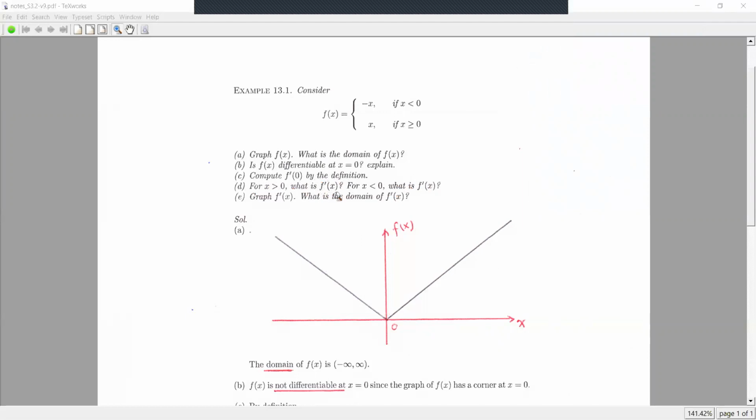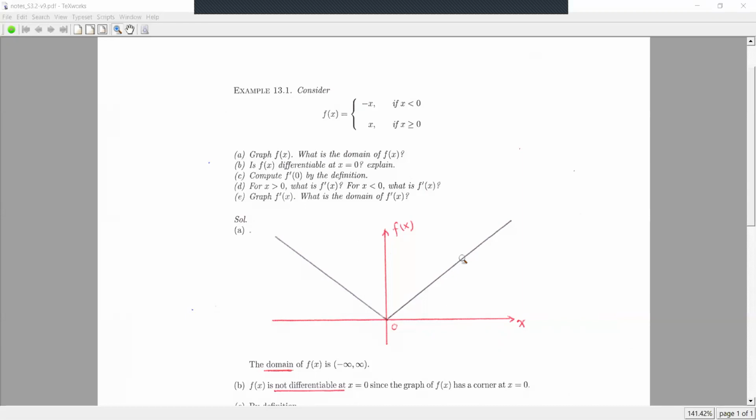Derivative at x is the slope of the tangent line at the point x. When x is greater than 0, suppose this point is x greater than 0. The corresponding point on the graph is this point.